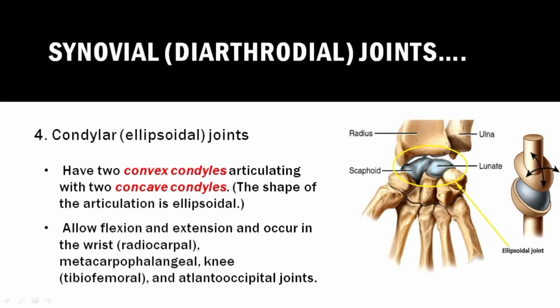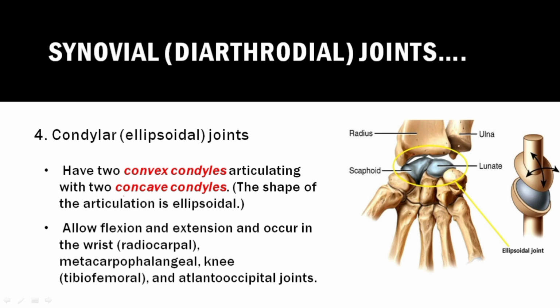Condylar joints or ellipsoidal joints have two convex condyles articulating with two concave condyles. The shape of the articulation is ellipsoidal in nature, thus the name ellipsoidal joint. They allow flexion and extension and occur in the wrist joint.